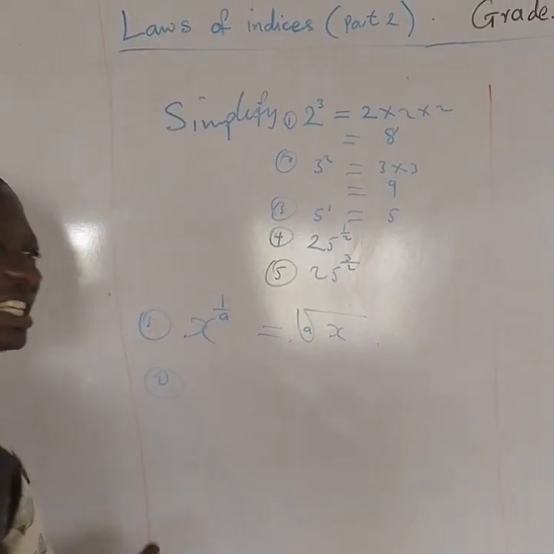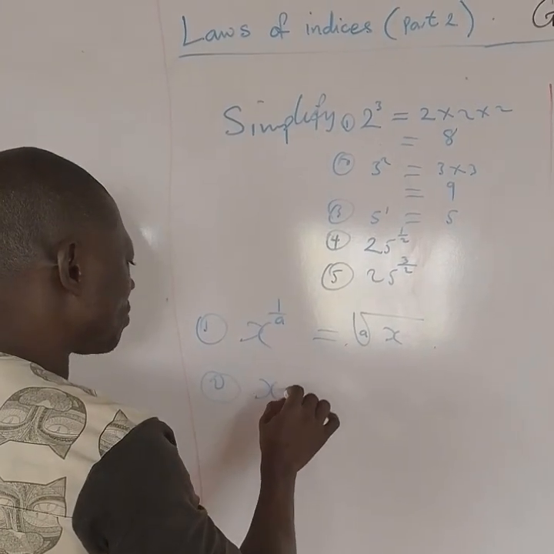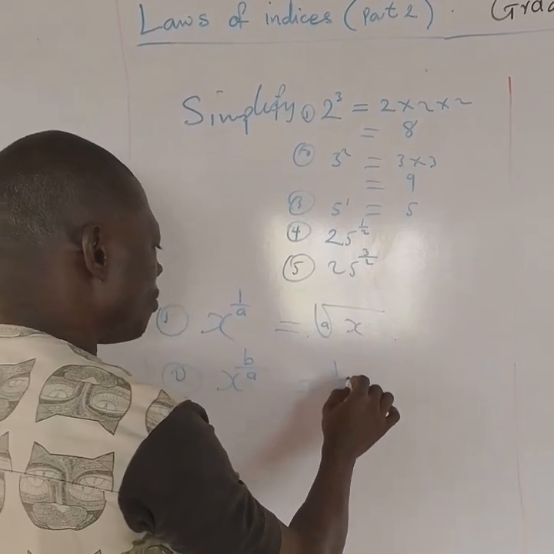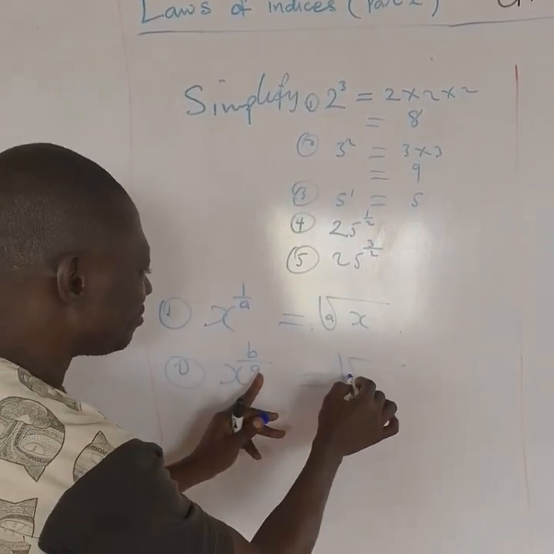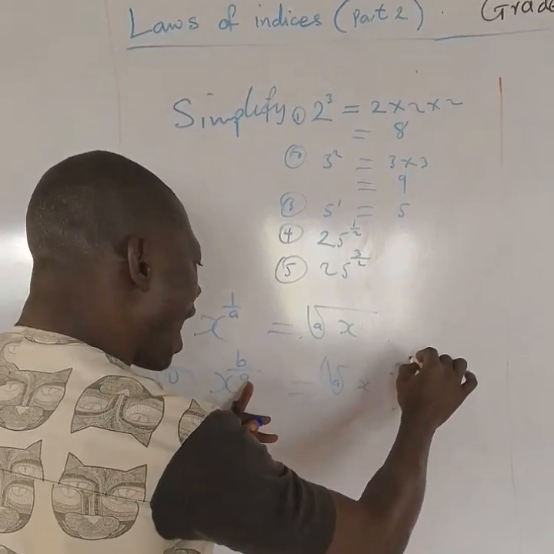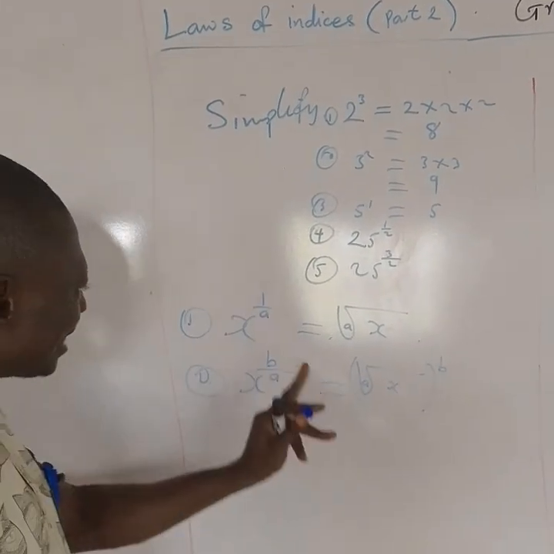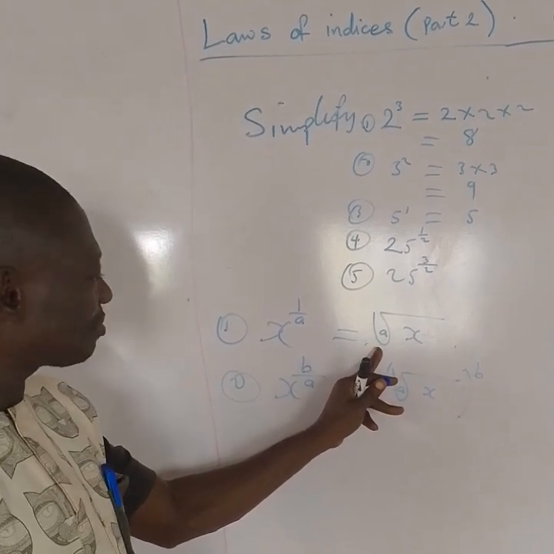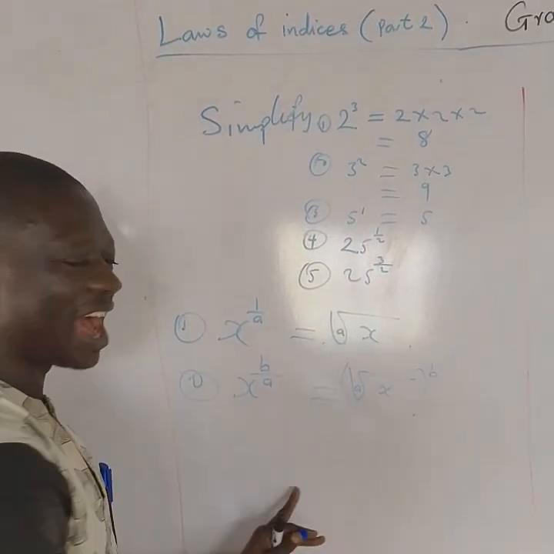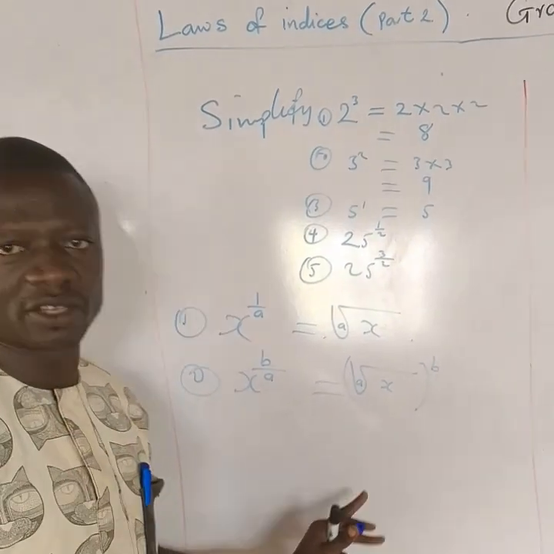Another law is x raised to power b over a is equal to the a-th root of x, all raised to power b. Remember that the root is not raised to any other number; if you should raise it to a power, it is raised to power 1, and a number raised to power 1 is that number.